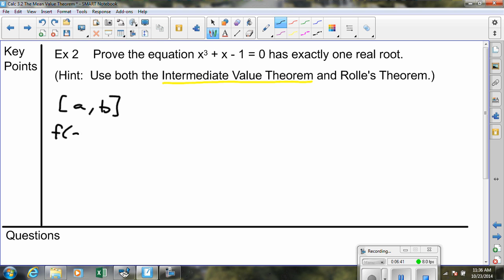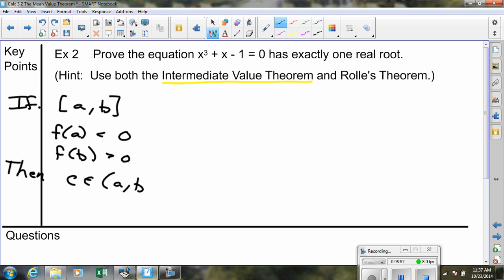If we have one of these values, f of a or f of b, that's less than 0, and one of them that is greater than 0, if you get these three things, then you know that there's some number in between a and b that will give you the actual function value of 0.